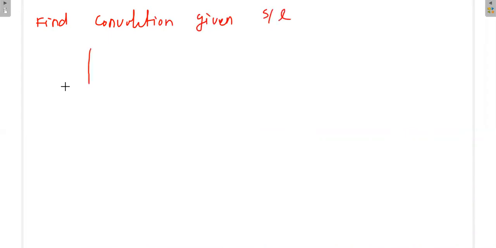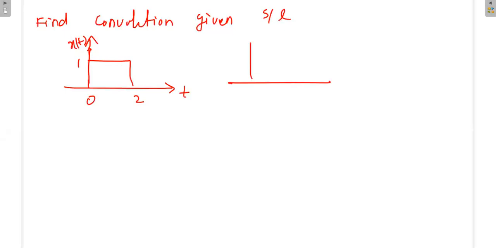Next question. Find the convolution of the given signals. x of t goes from 0 to 2 with amplitude 1, and h of t also goes from 0 to 2.